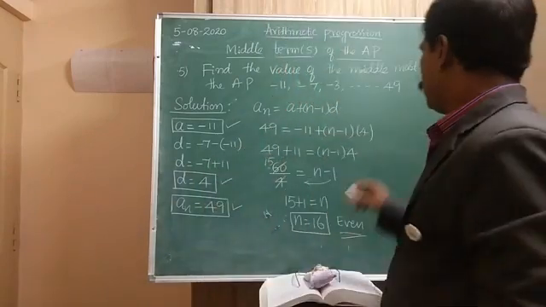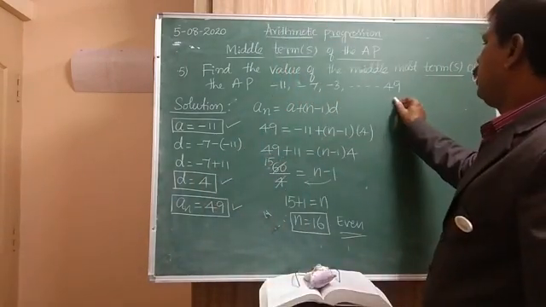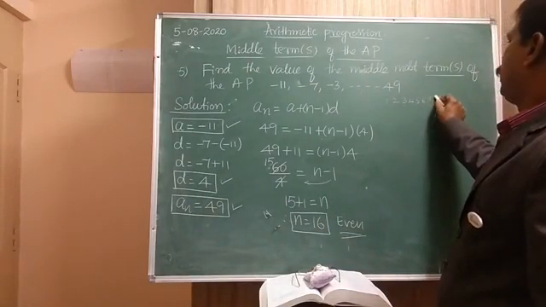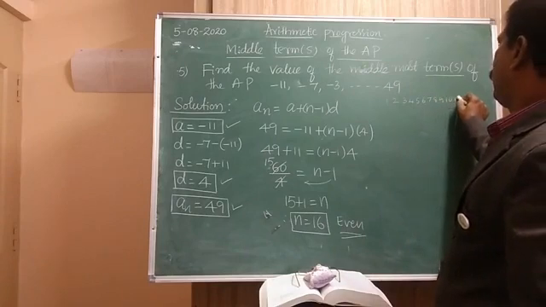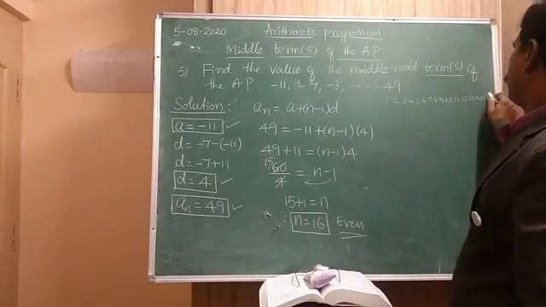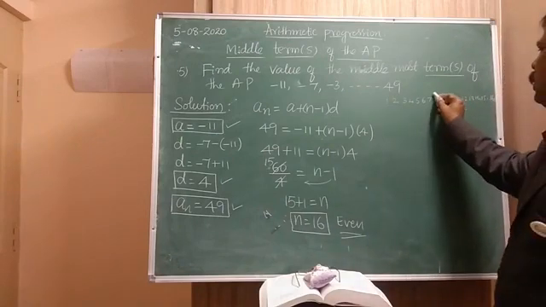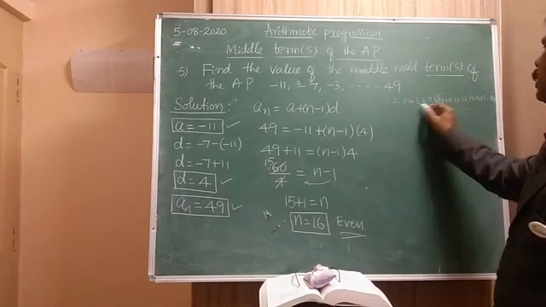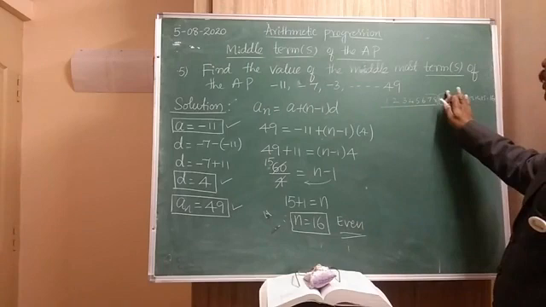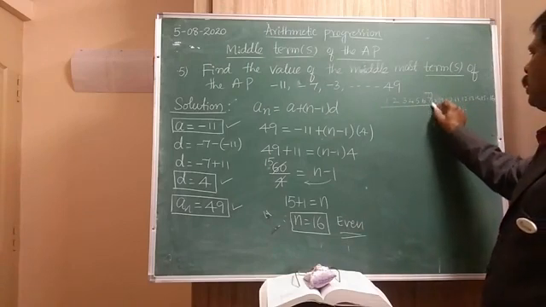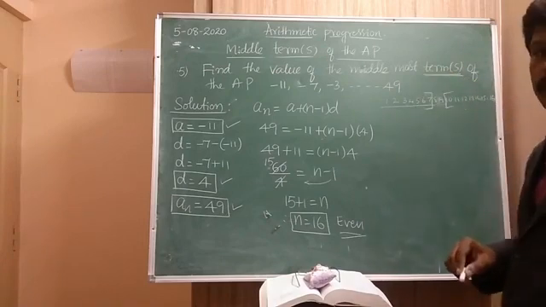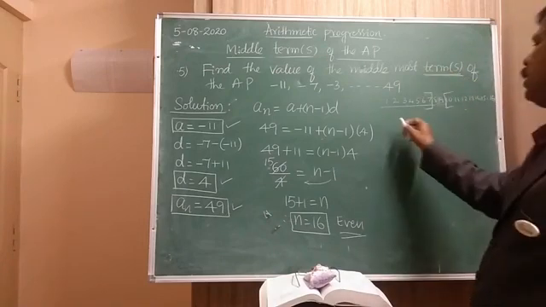Just look at this: 1, 2, 3, 4, 5, 6, 7, 8, 9, 10, 11, 12, 13, 14, 15, 16. Here is 8 terms, here is 8 terms. So there is no single middlemost term. That's why you should take this one, leaving one place like this. So how many middlemost terms are there? Two terms are there.